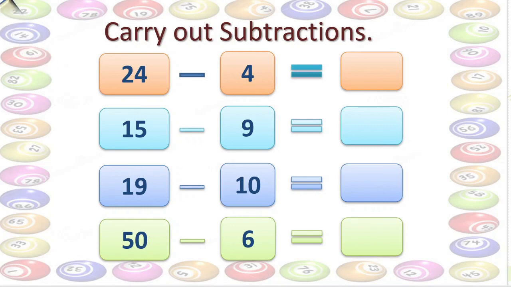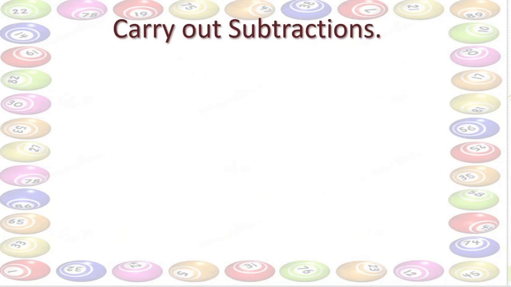Yes, dear children, here counting backward gives us the answer early in the easy way. Isn't it? Okay, like that only you have to decide for each sum. Answer for first one is 24 minus 4, that is equal to 20. Isn't it? Okay, some more sums are there. See here.